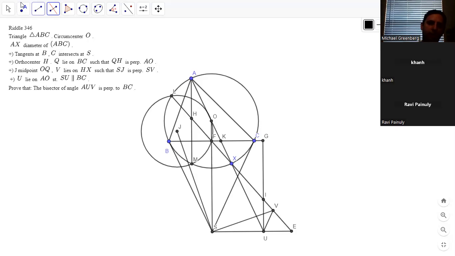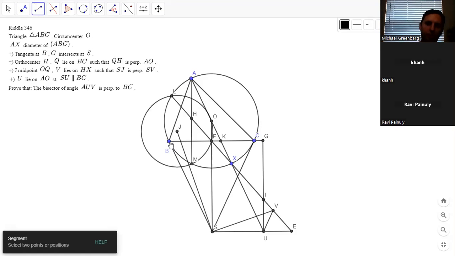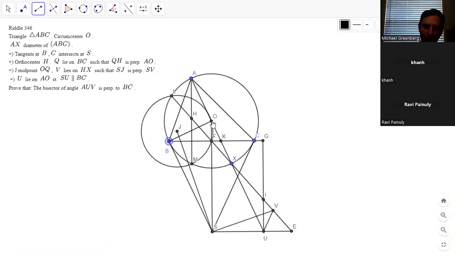So SV is parallel to OB, I think. No, it's not true. It's perpendicular to SJ.